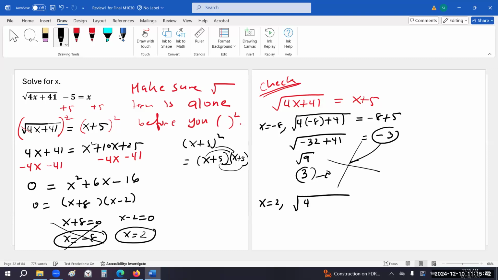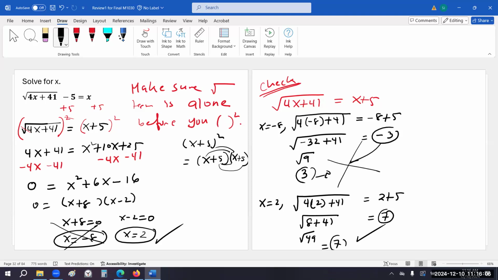So same thing again: 4 times 2 plus 41 should equal 2 plus 5. 8 plus 41 gives us square root of 49, that gives us 7. And this time we have the same thing. So the answer is x equals 2. Again, you must check both of them because sometimes we get no solution. When none of them work, it's no solution.